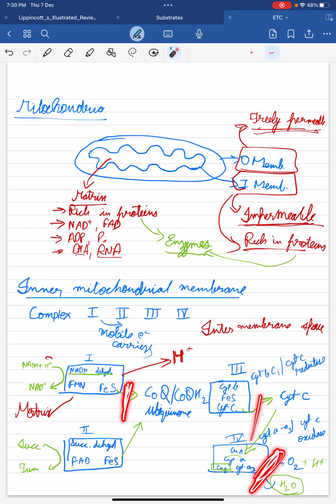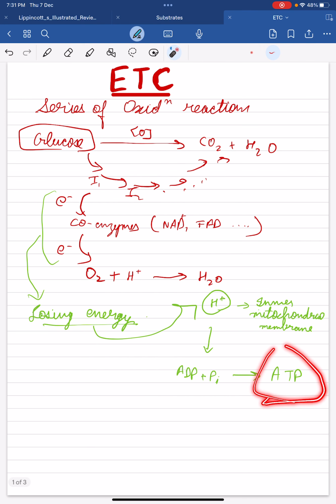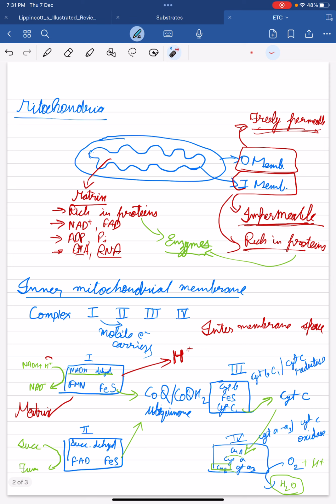So anywhere they act, what they do is they stop the flow of electrons. So if electrons are not flowing, they would not reach the oxygen, which will not cause the transfer of protons, and which will ultimately lead to no ATP production. So the ATP production will stop due to these inhibitors.